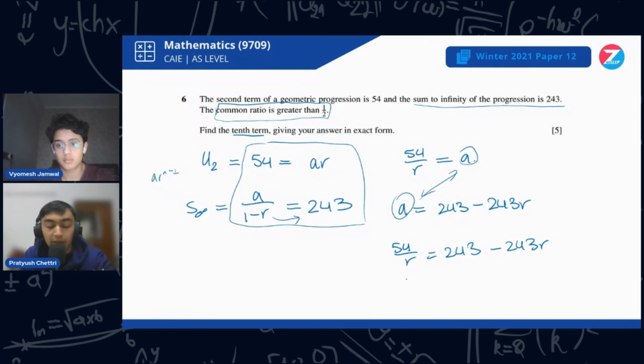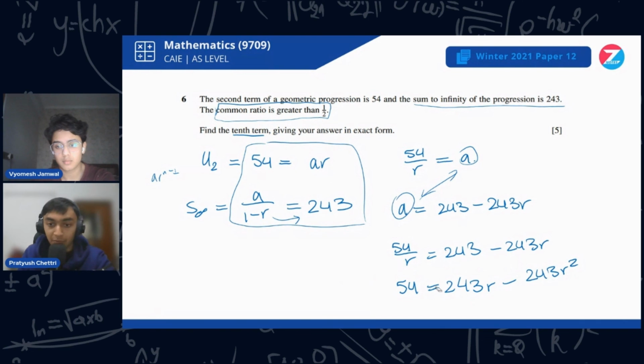So what I'm seeing is that these look like a quadratic. I could multiply everything by R to get 54 is equal to 243R minus 243R squared, since now we got rid of the weird fraction.